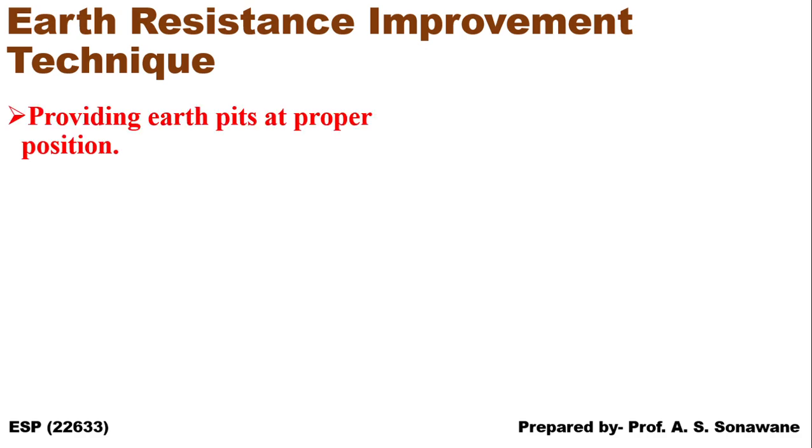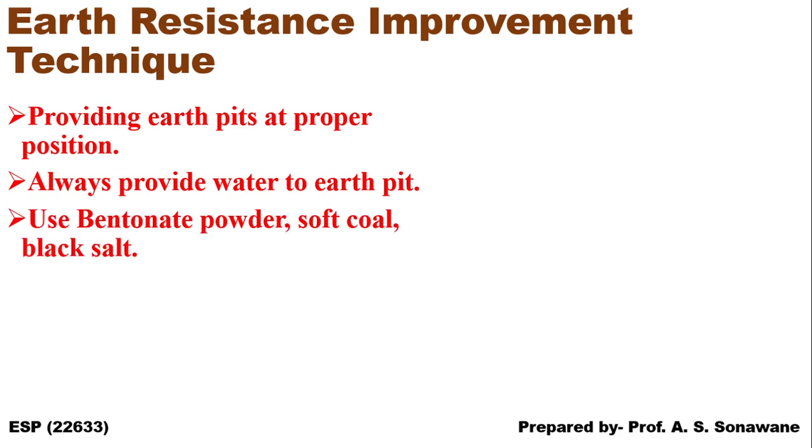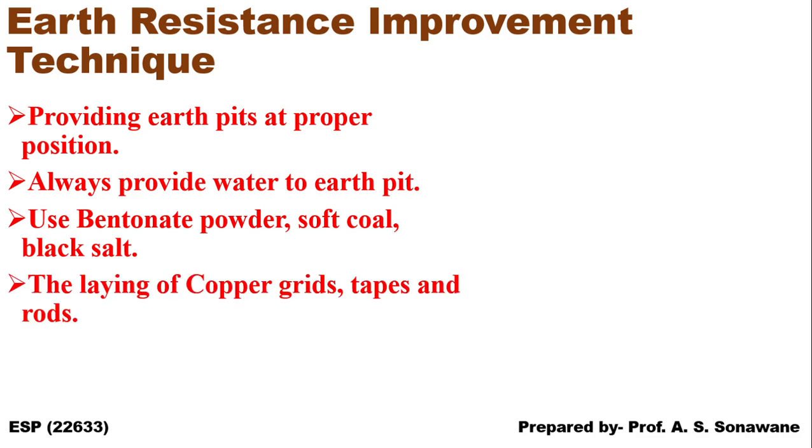The earth resistance can be improved by providing earth pits at a proper position and always providing water to the earth pit. It can also use bentonite powder, soft coal, black salt to improve the earth resistance. Also, the laying of copper grids, tapes and rods alone may provide desired results.